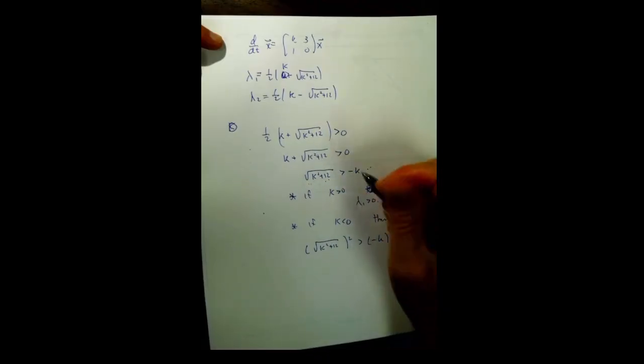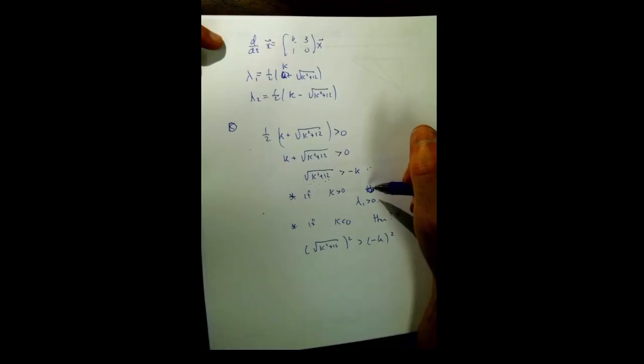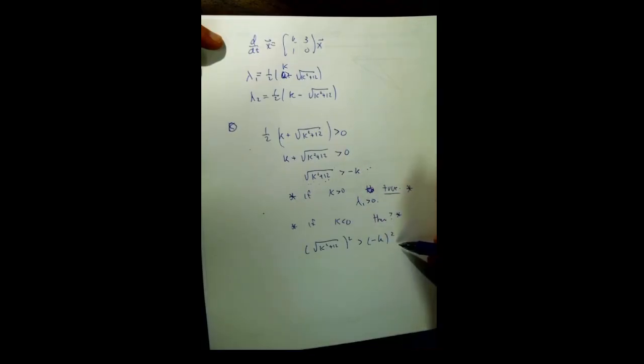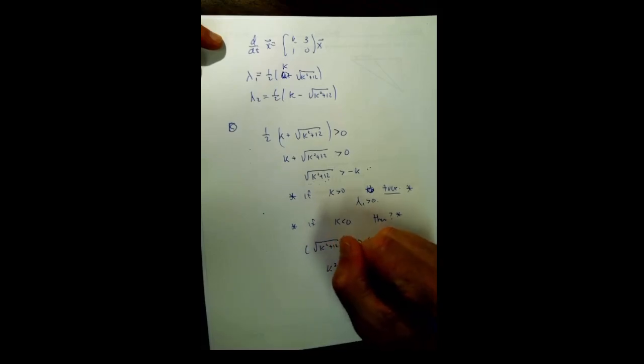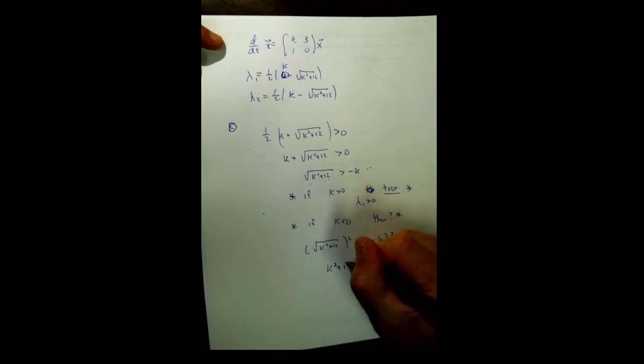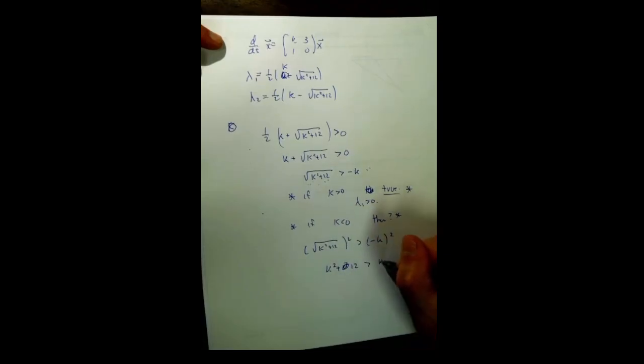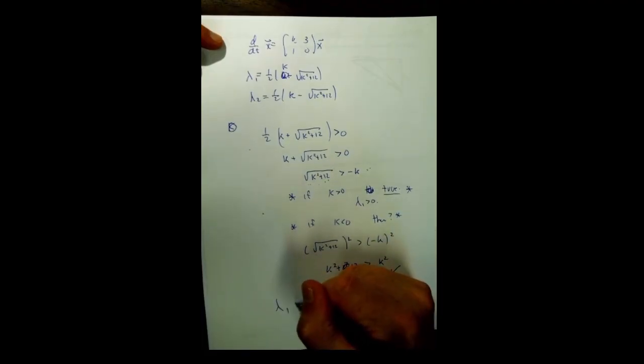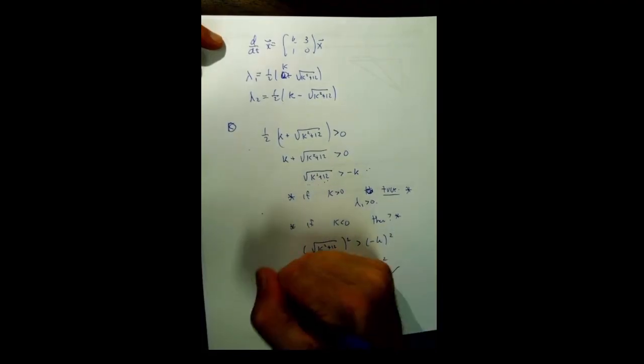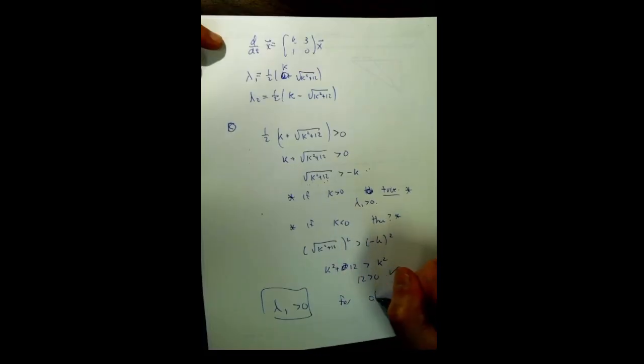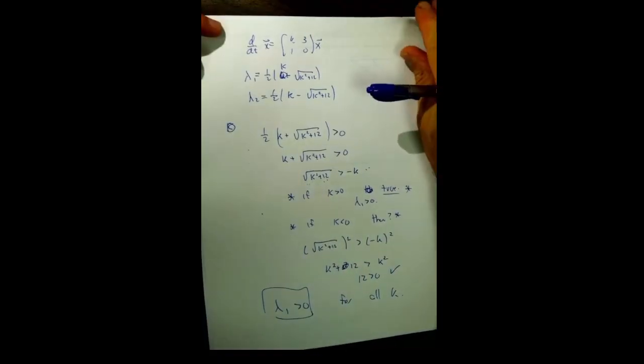And I have to be careful. If k is negative, the thing on the right is positive, so what I'm doing is okay. The square root of k squared plus 12, squared, is k squared plus 12. And then minus k squared is k squared. And this says that 12 is greater than 0. So that's true. This means that lambda 1 is always positive for all k.